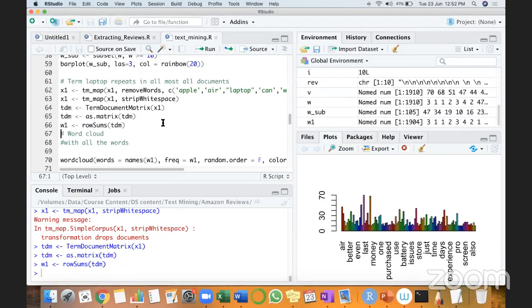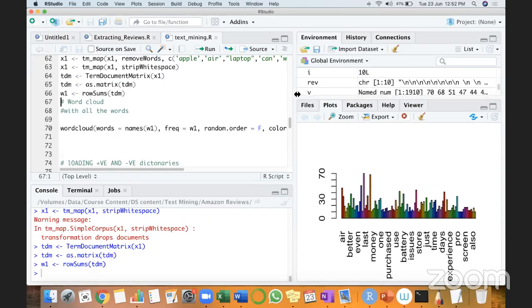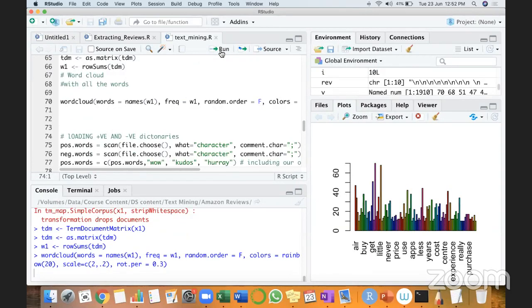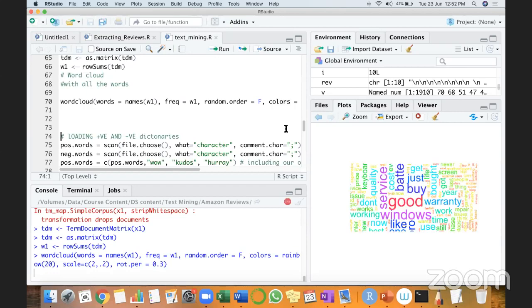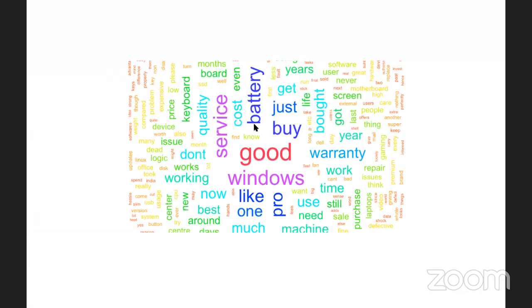Now we are going to build the word clouds. These are the word clouds.